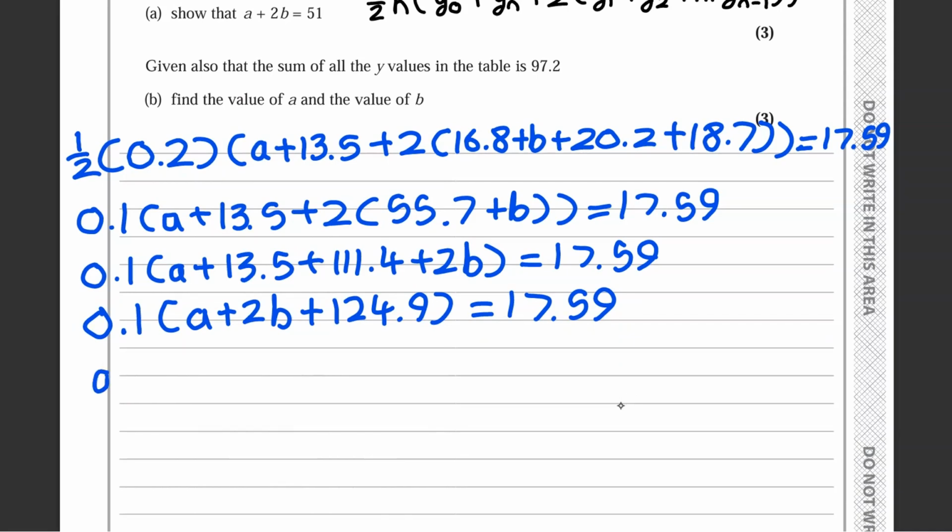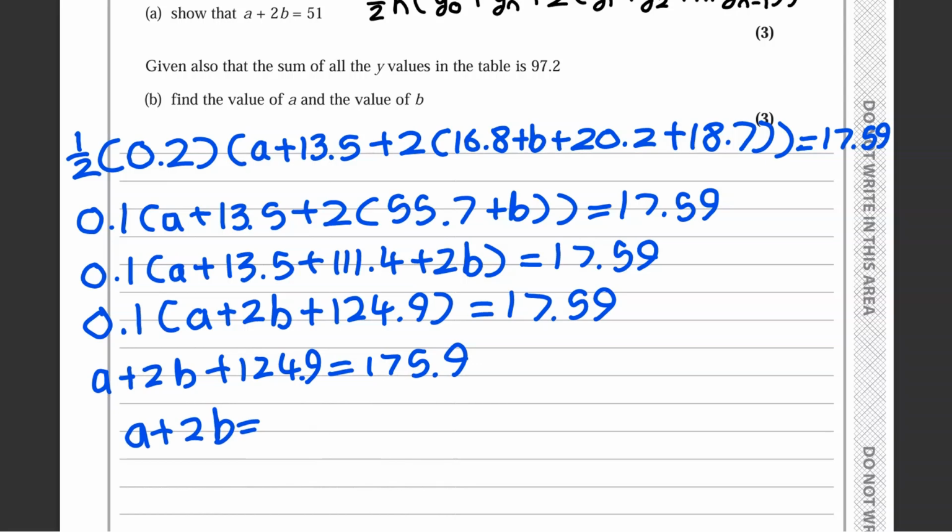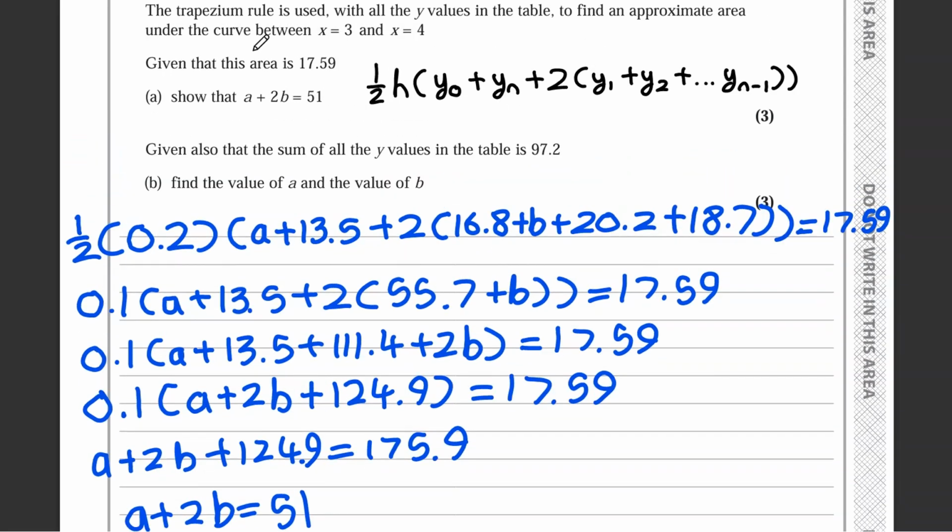So on this side, if we get rid of this, it will be a plus 2b plus 124.9 is equal to, and then 17.59 divided by 0.1 is equal to 175.9, and then move this 124.9 onto the other side, so we get a plus 2b is equal to, and if you put this into your calculator, 175.9 minus 124.9, you get out 51, and this a plus 2b is equal to 51 is what's required here for part A.